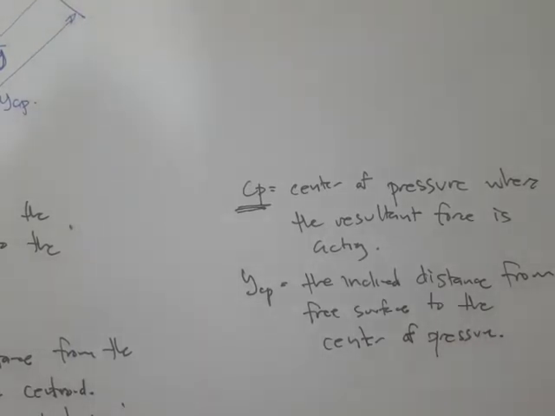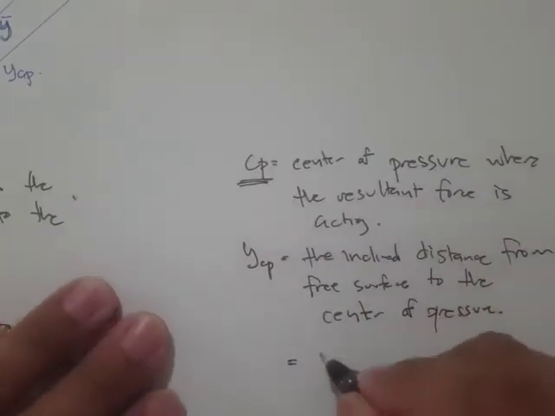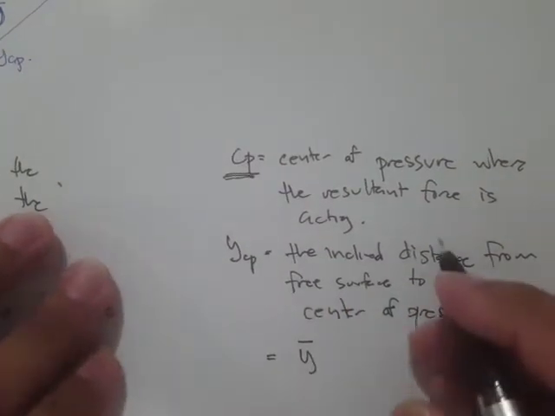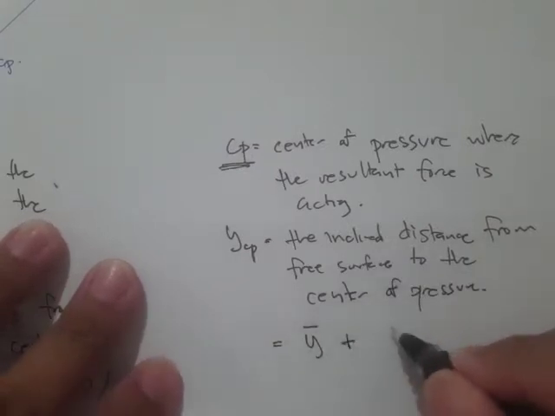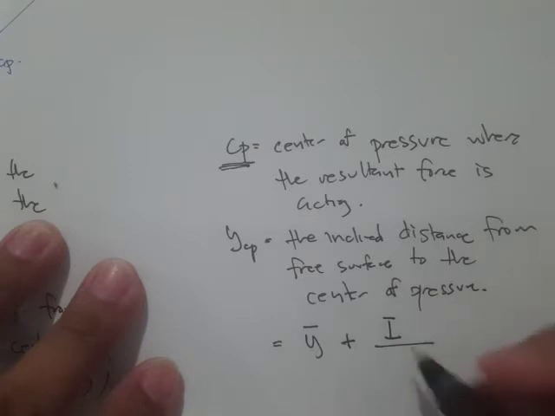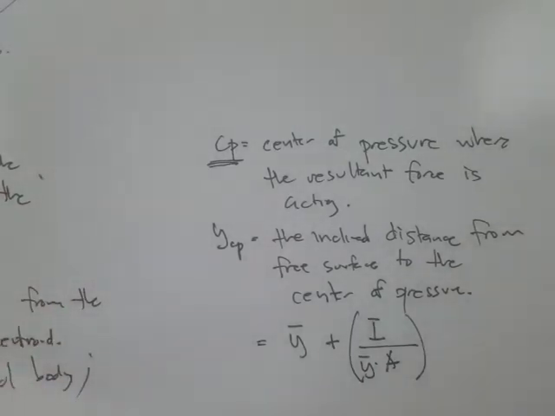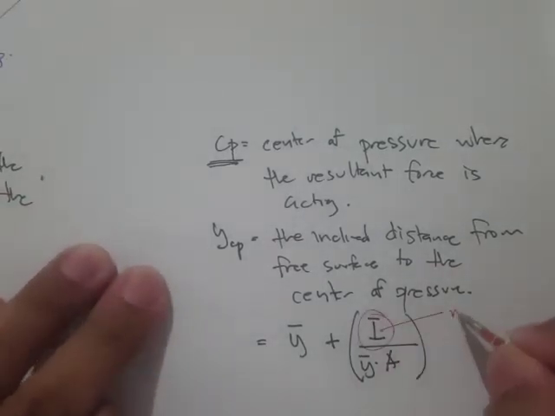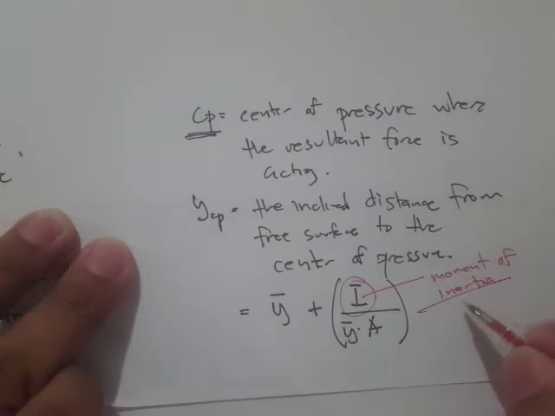Okay, so this Y sub CP can be calculated using this equation: Y bar, which is the inclined distance to the centroid, plus I, the moment of inertia, divided by Y bar times A. This is the moment of inertia, and we can solve for this or use tables.